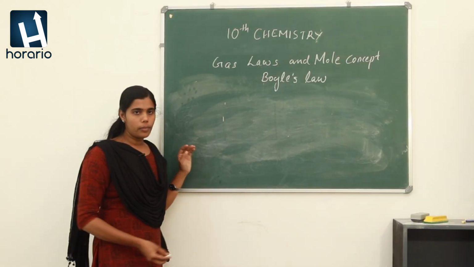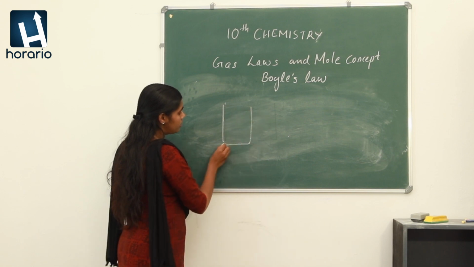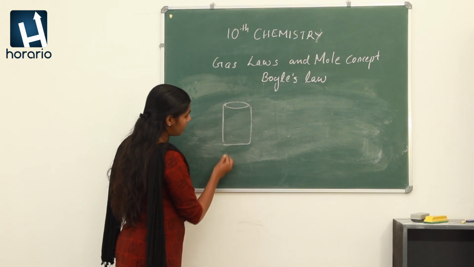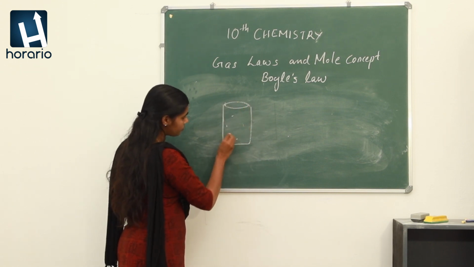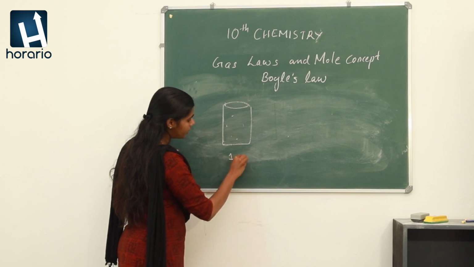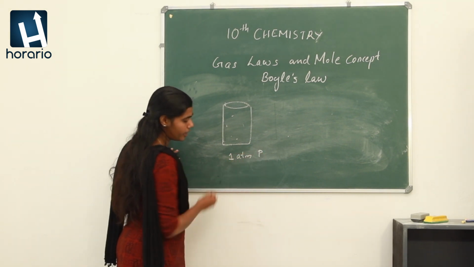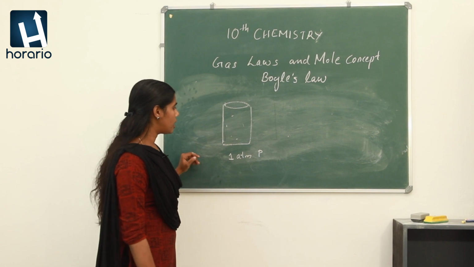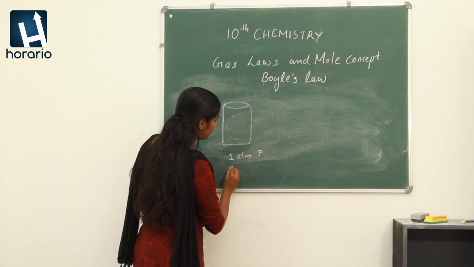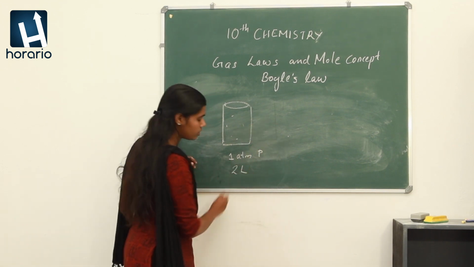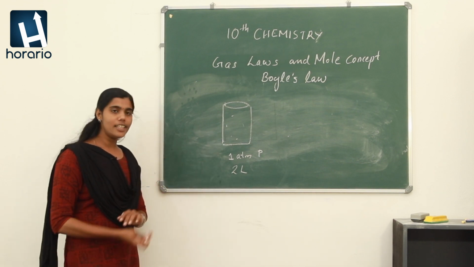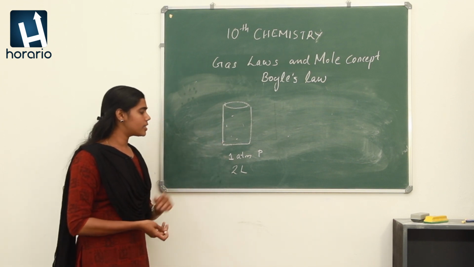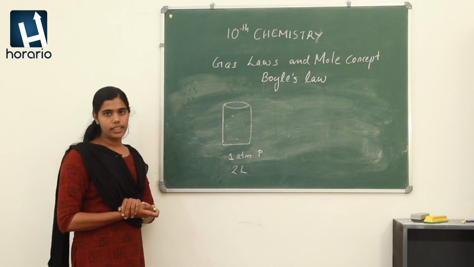Let us discuss one problem. There is gas in this jar at 1 atm pressure, and the container capacity is 2 liters. The pressure inside the jar is 1 atm.